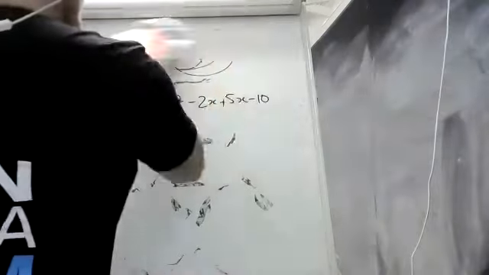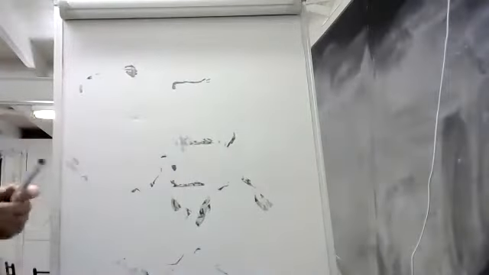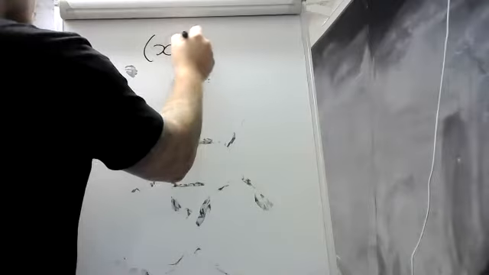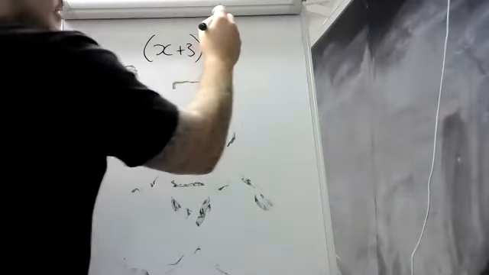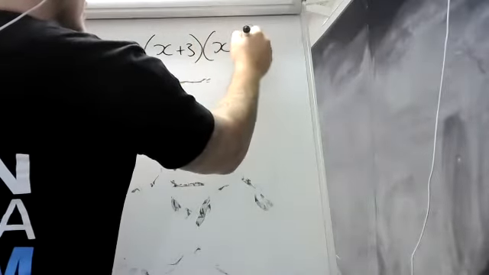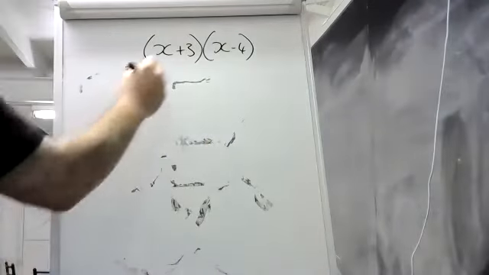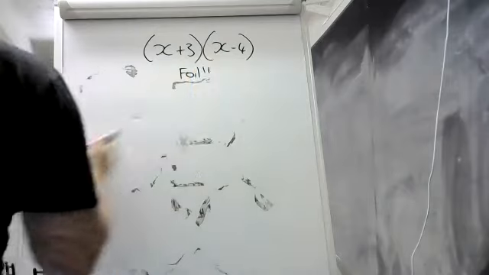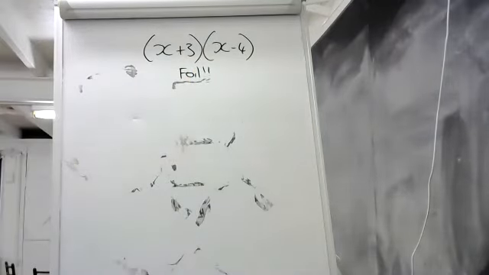I'm going to write one up. Remember that method: first, outside, inside, last. I'll give everyone 30 to 60 seconds to do that one using the FOIL method. Can't go wrong. I've got 60 seconds to do this one.